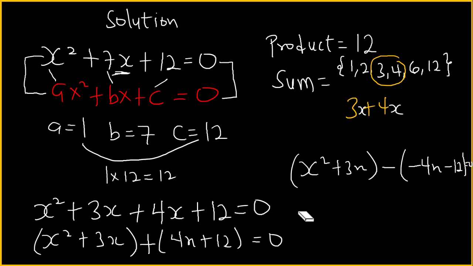So let's simplify. x squared plus 3x, negative by negative 4x will be positive 4x, negative by negative 12 will be positive 12 equals 0. So we can see that we've gotten our equation back.